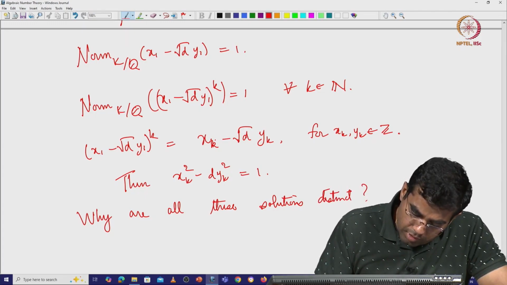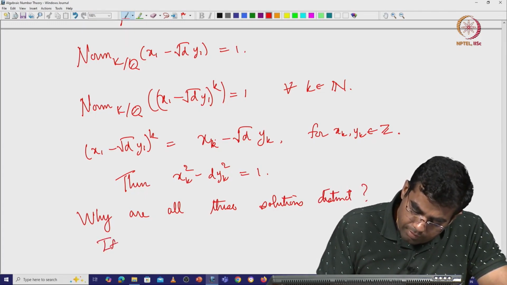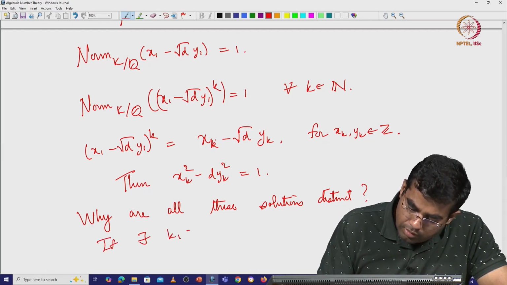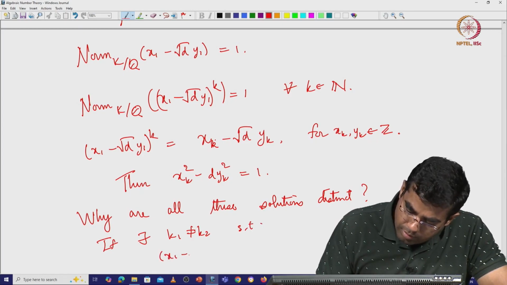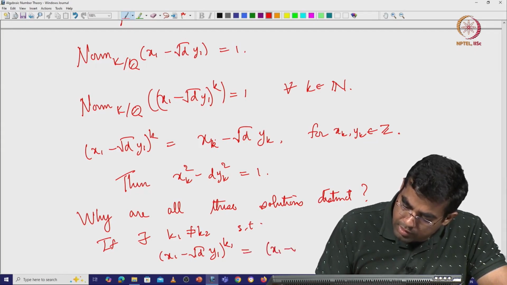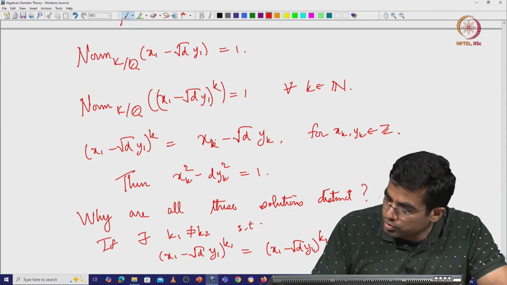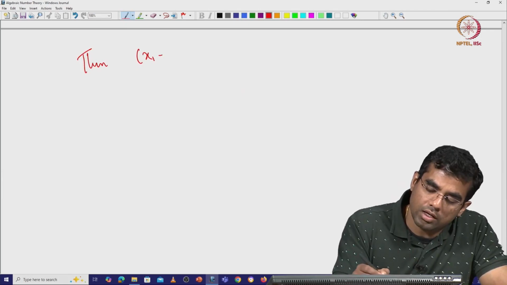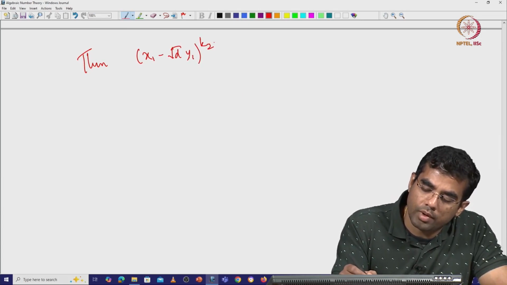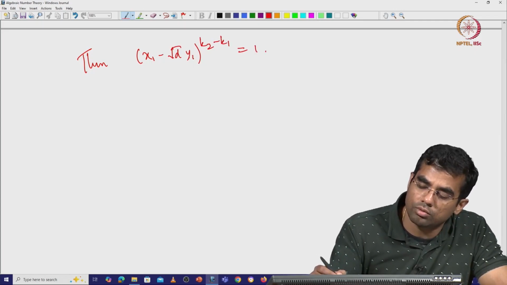Well, if not, if there exists k1 not equal to k2 such that x1 minus square root of d y1 to the k1 is equal to x1 minus square root of d y1 to the k2, then x1 minus square root of d y1 to the k2 minus k1 is equal to 1.